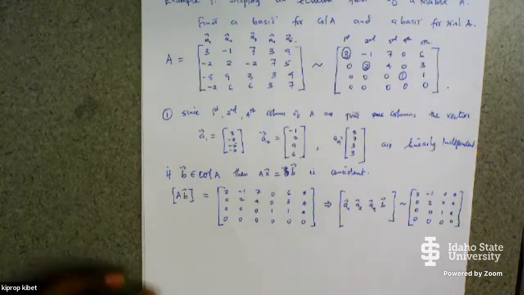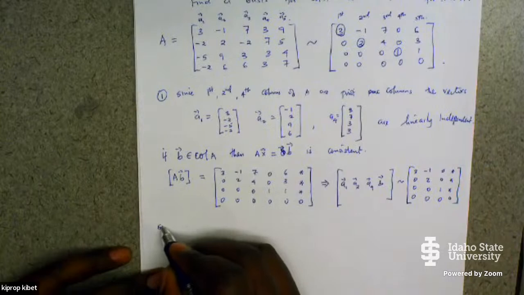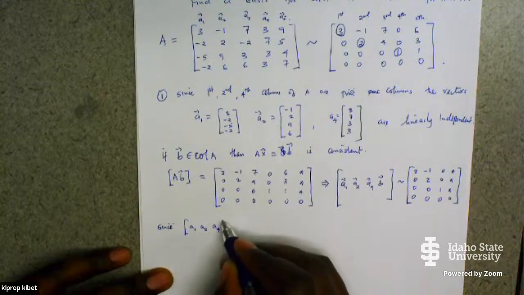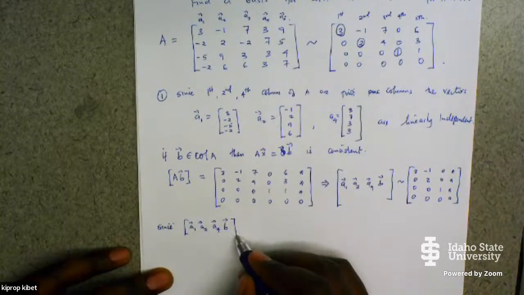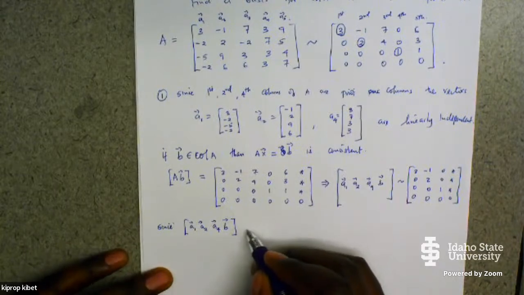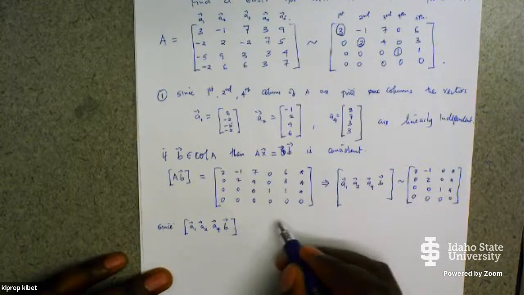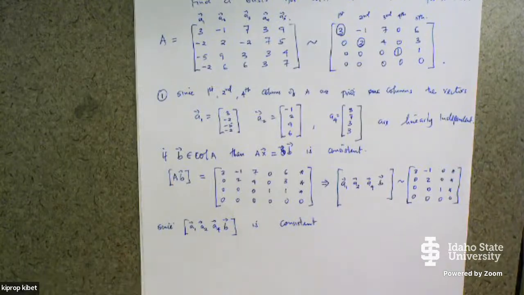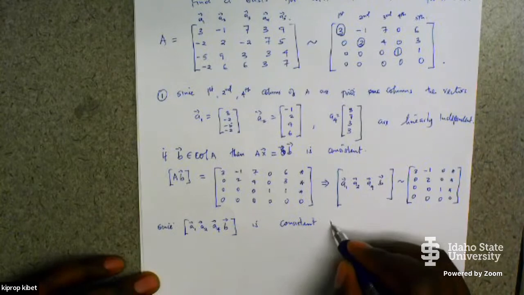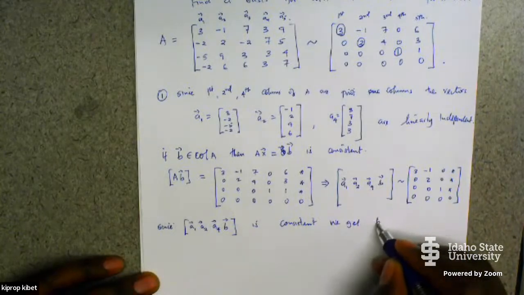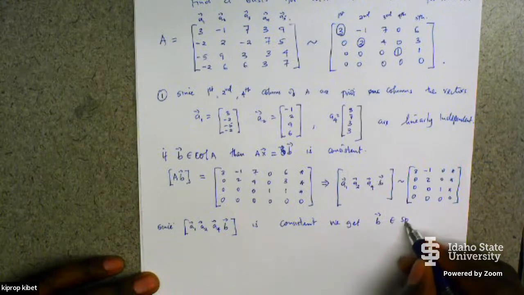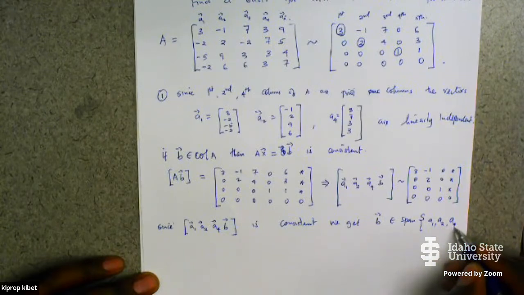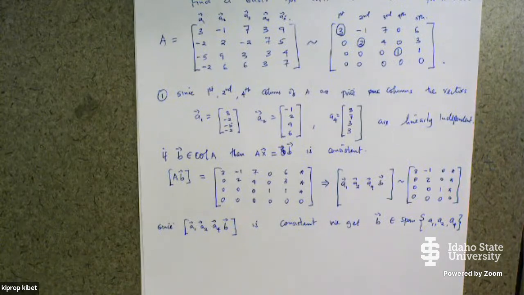Now, therefore, since A1, A2, A4, and B, the middle matrix, is consistent, then we get B to be an element of the span of A1, A2, and A4.